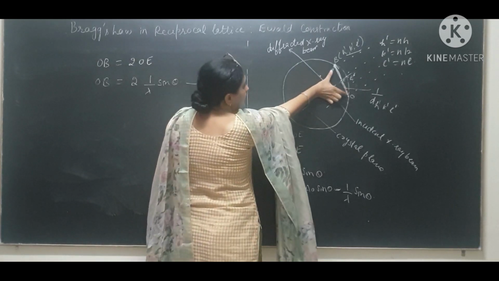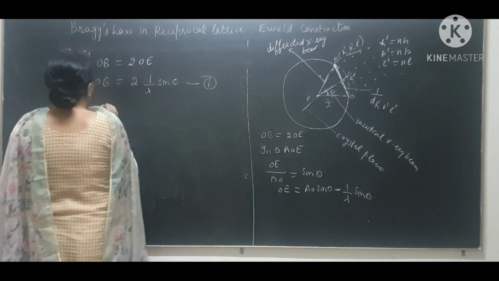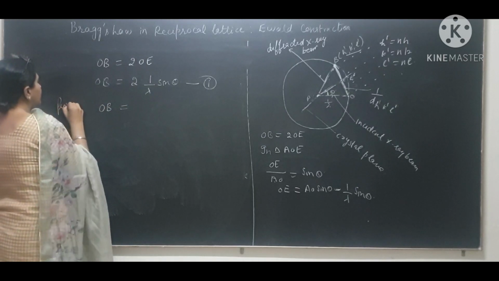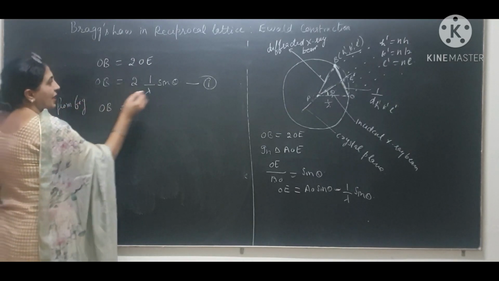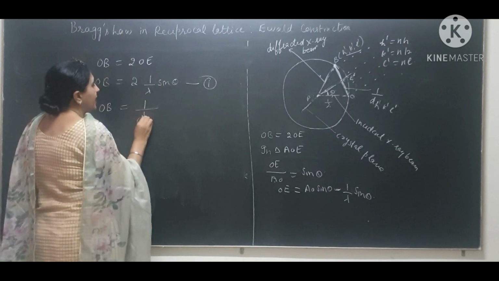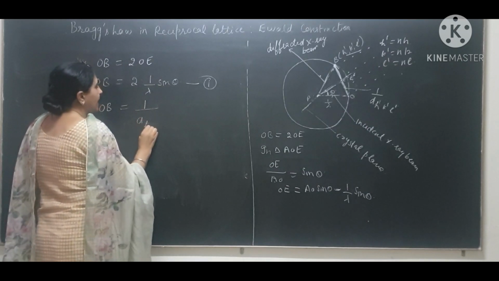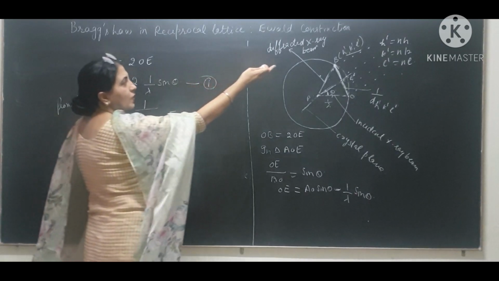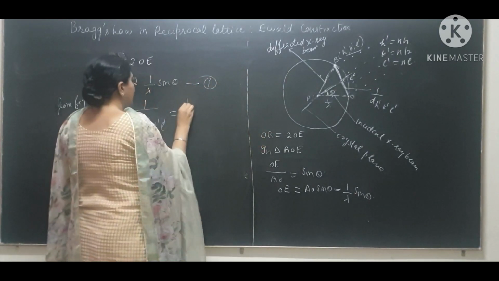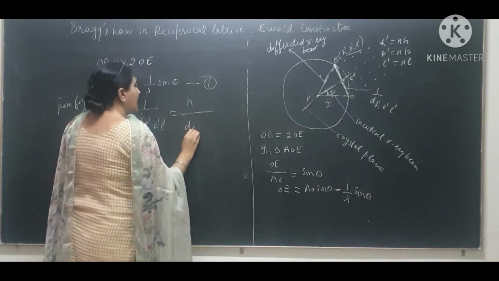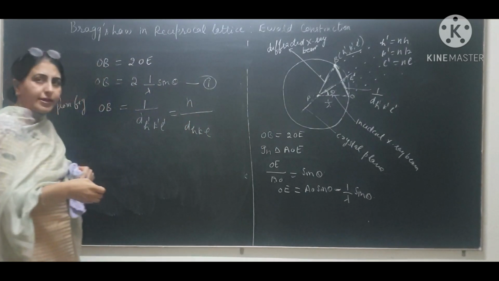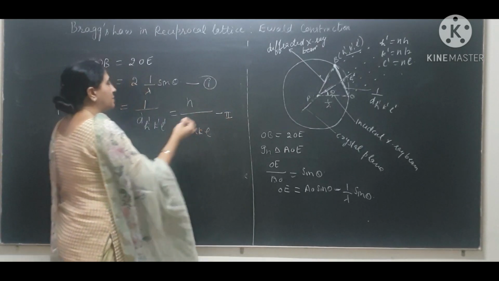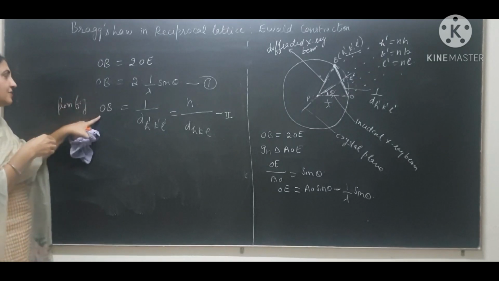So from the figure OB is also equal to 1 over d h' k' l', which is equal to n over d hkl, since h' k' l' are nh, nk, nl. This is equation number second. This is also OB.